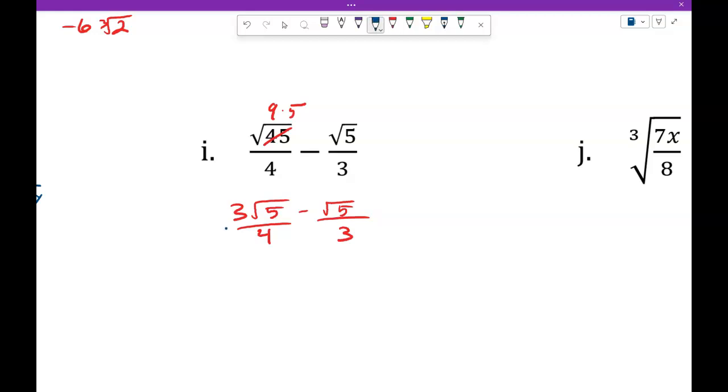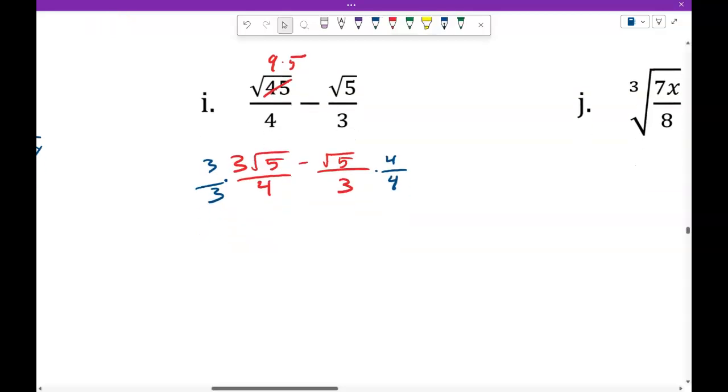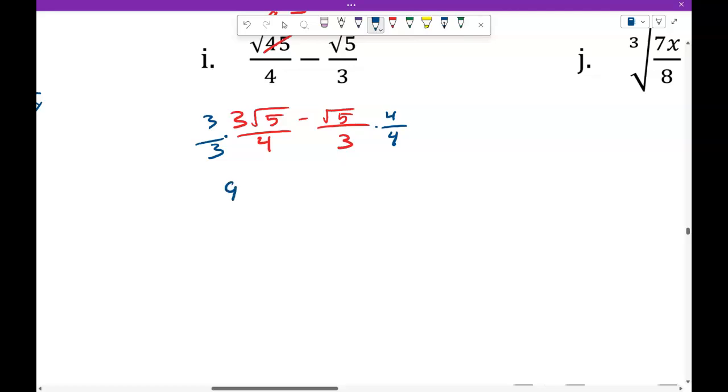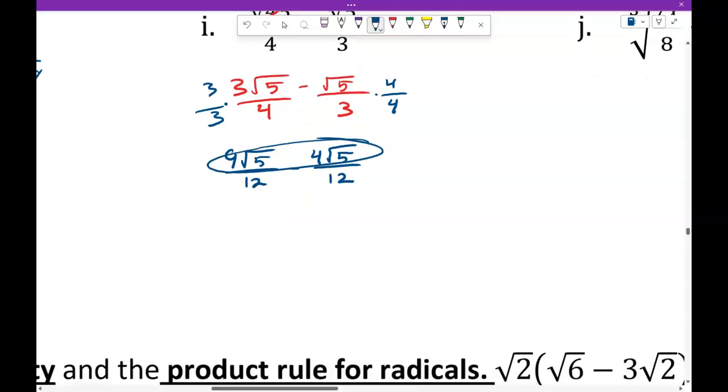In order to get our common denominator of 12, we'll multiply both of these fractions by an expression of 1, giving us 9 root 5 over 12 minus 4 root 5 over 12. And now we can go ahead and subtract our numerators. 9 minus 4 root 5 over 12, giving us 5 root 5 over 12.